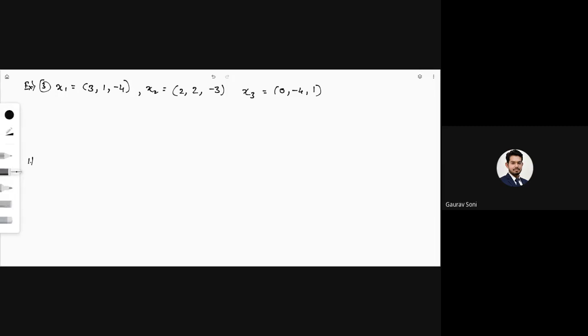Homework for you. You have to check whether the vectors are dependent or independent. If dependent, find the relation between them. So x1 is equal to 1, 2, 3. X2 is equal to 3, minus 2, 1. And x3 is equal to 1, minus 6, minus 5.